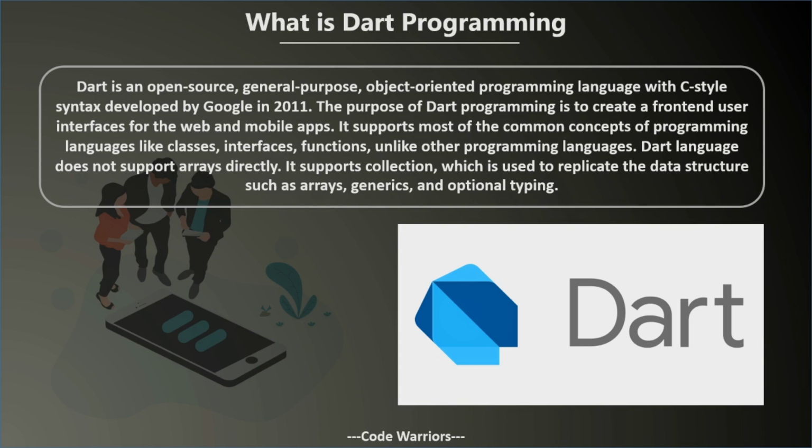It supports most of the common concepts of programming languages like classes, interfaces, and functions. Unlike other programming languages, Dart does not support arrays directly. It supports collections, which are used to replicate data structures such as arrays, generics, and optional typing.